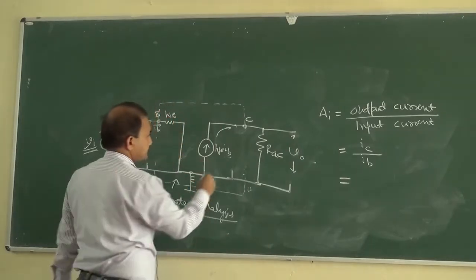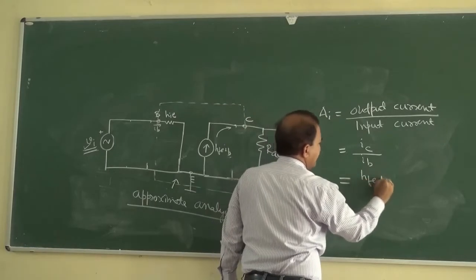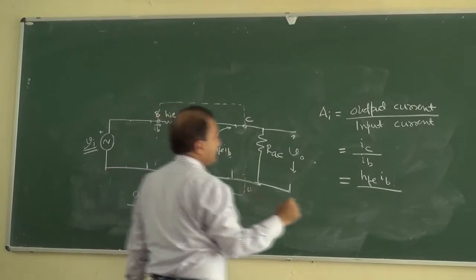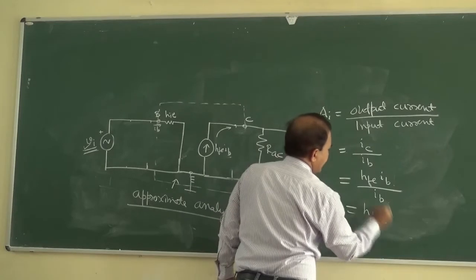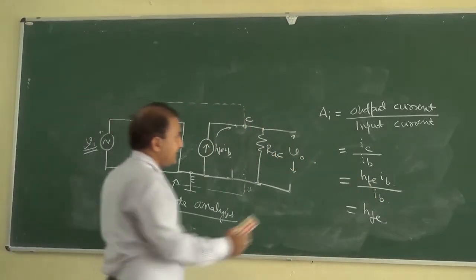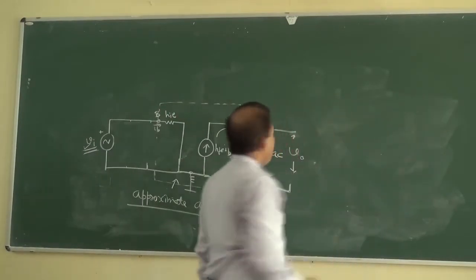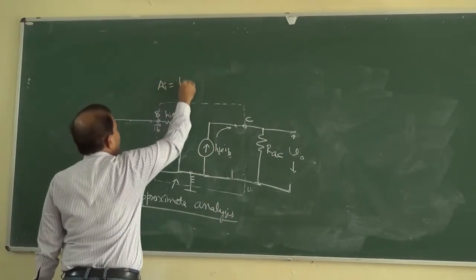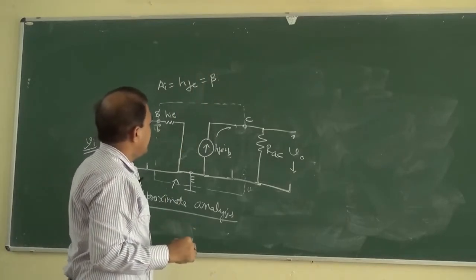Output current is HFE into IB divided by IB. So this is equal to HFE. So the current gain is equal to HFE. So we can write AI is equal to HFE, which is equal to beta of the transistor.